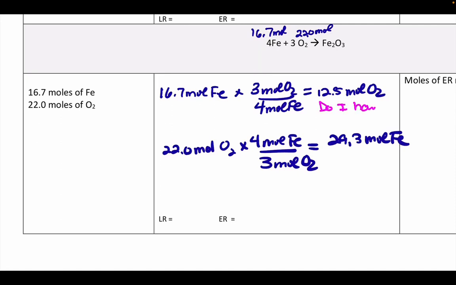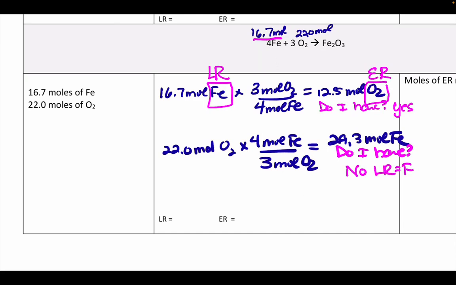So do I have 12.5 moles of oxygen? Yes, I do. I have 22 moles. So that's your excess. This is your LR. If I went the other way, I would ask myself, do I have 29.3 moles of iron? And my answer is no. So my LR is the iron.